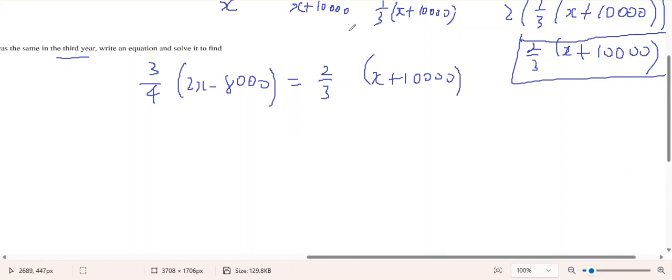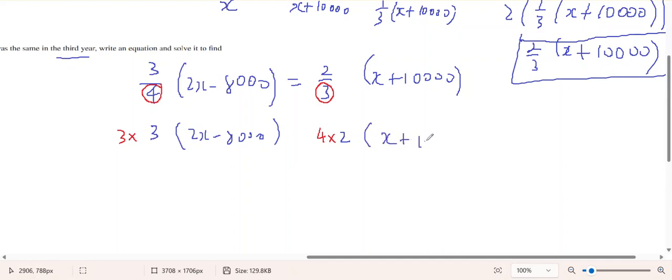So what I'm going to do is I'm going to pick up this 3 and move it to the other side, and it will multiply that 3. And at the same time, I'm going to pick up this 4 and move it to the other side, and it's going to multiply with that 2. And I've still got my 2X minus 8,000, and I've still got my X plus 10,000.